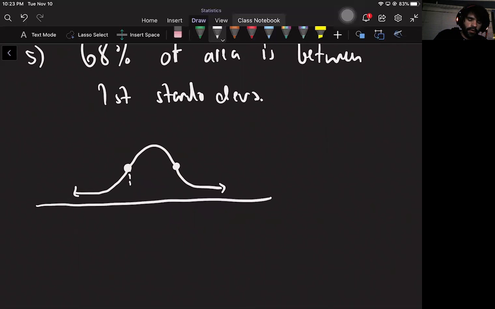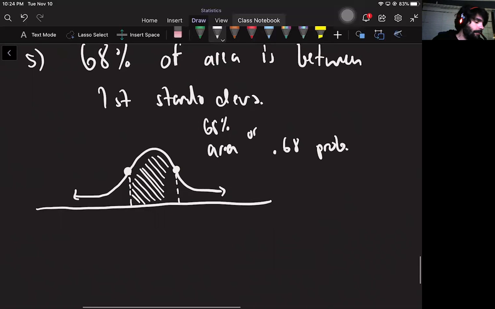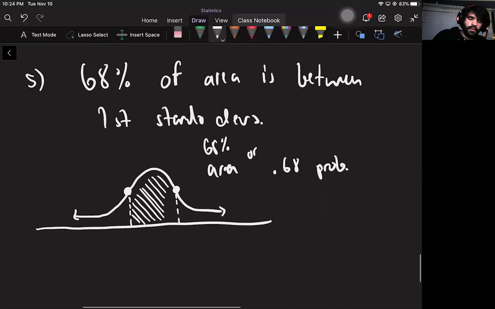So if I go from there to there, and I say, how much area is that? What percent area? It's always 68% of the area, which you can think of as just 0.68 probability as well.